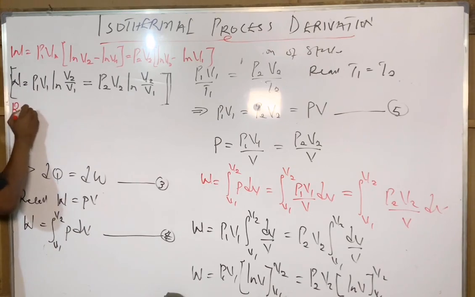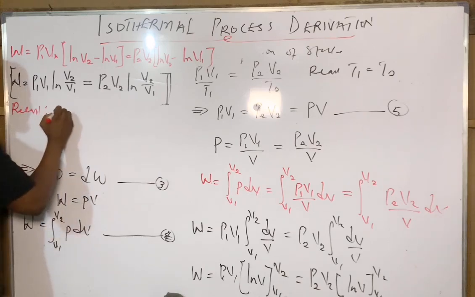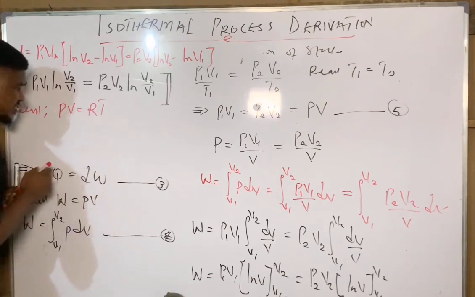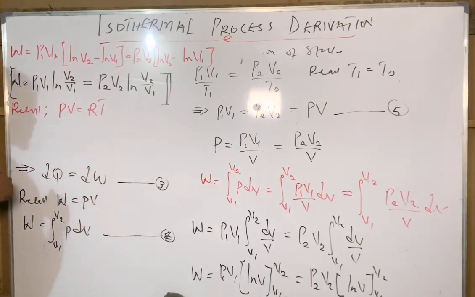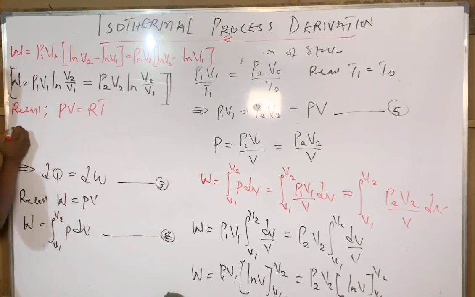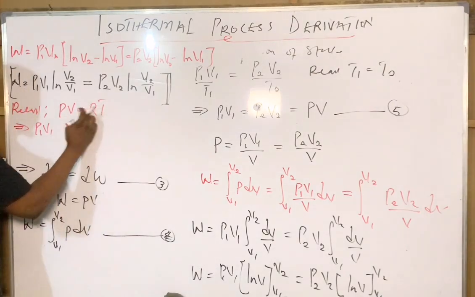Now, also recall again from the equation of state that PV itself is actually equal to RT, where R is the universal gas constant. So this implies from here that P1 V1, pressure and volume change with respect to temperature, R is kept constant.